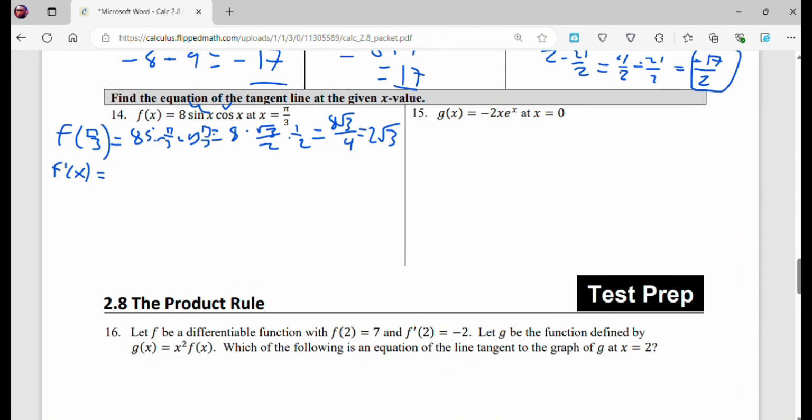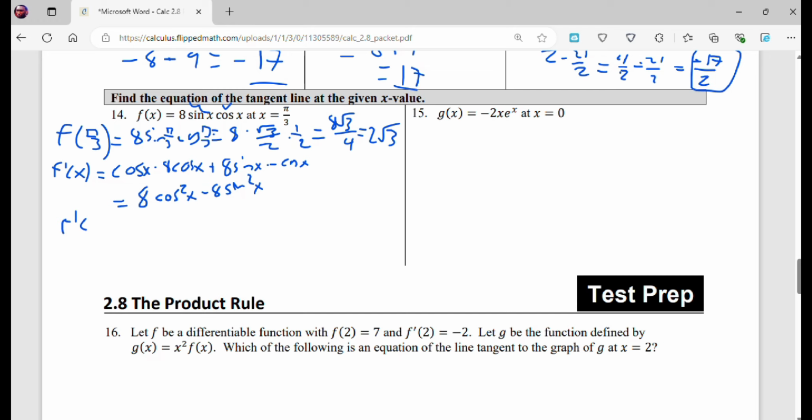So v u prime, so 8 cosine x, plus u v prime, equals 8 cosine squared x minus 8 sine squared x.